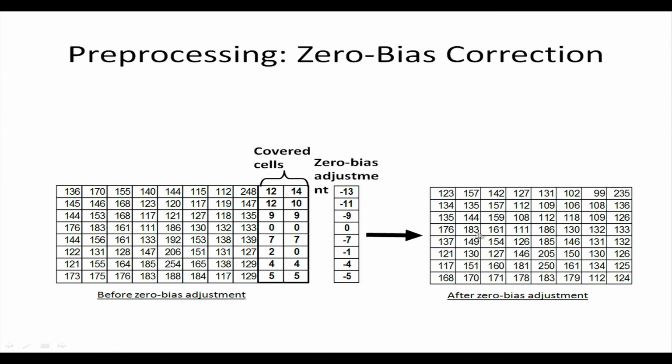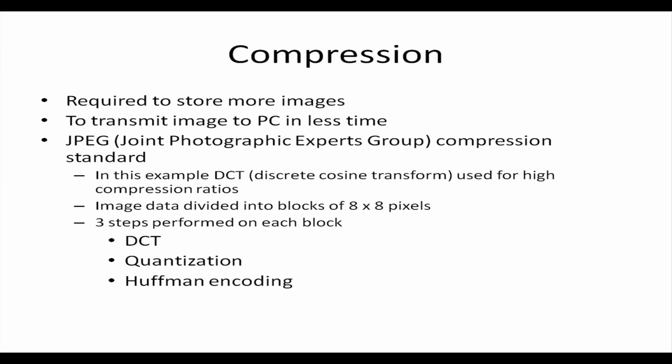So, I come to here. 186 corrected remains 186, because for this row it is 0. In that way we carry out the 0 bias adjustment. So, first we have captured the image and then we have done the 0 bias. The CCD camera will have to do these tasks. So, 0 bias adjustment is done.